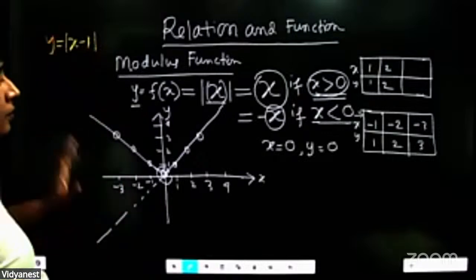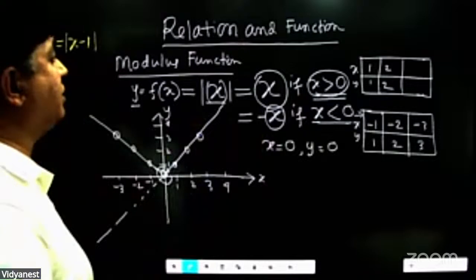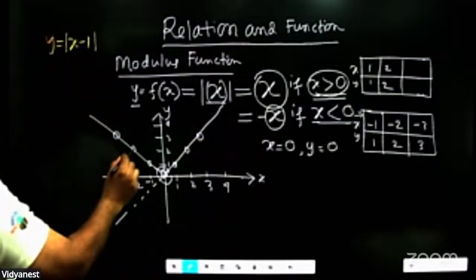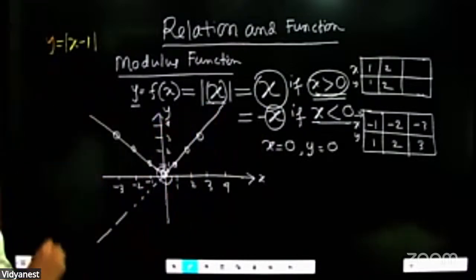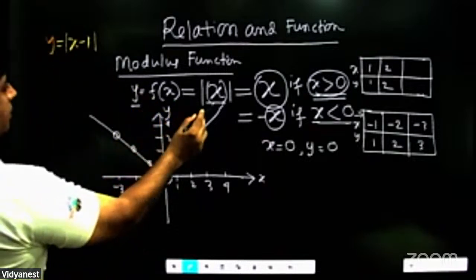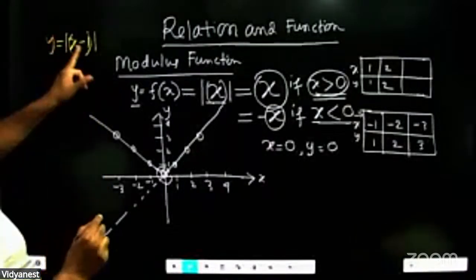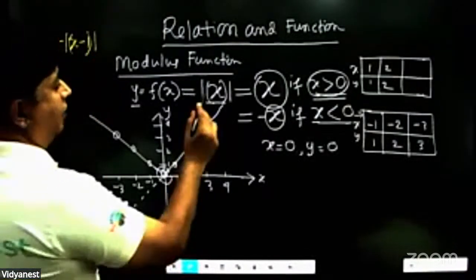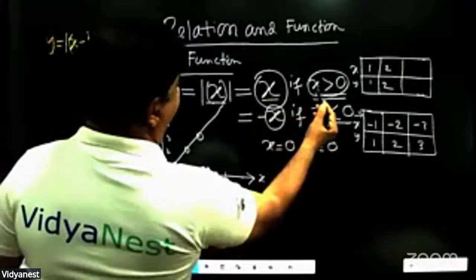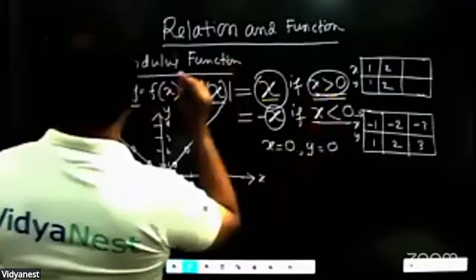Then the same concept will be followed, but there will be a little bit of change. Instead of x, what is there in mod? X minus 1. Now it will remain with plus sign when the thing itself is greater than 0.